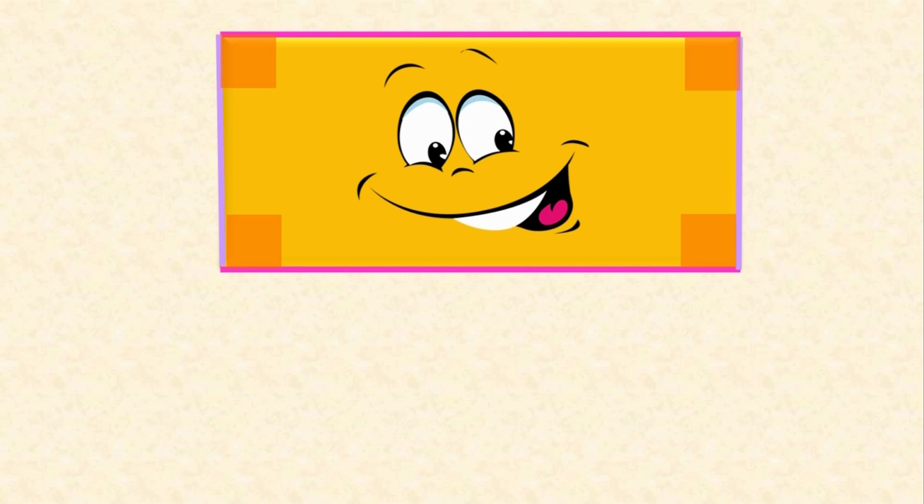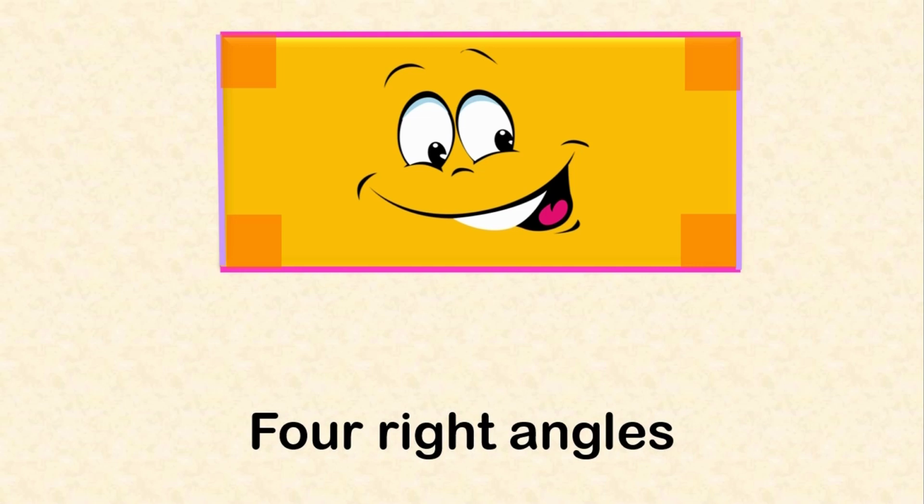So, rectangle has the same features as parallelogram, but in addition to those features, rectangle has an exclusive feature that is 4 right angles.